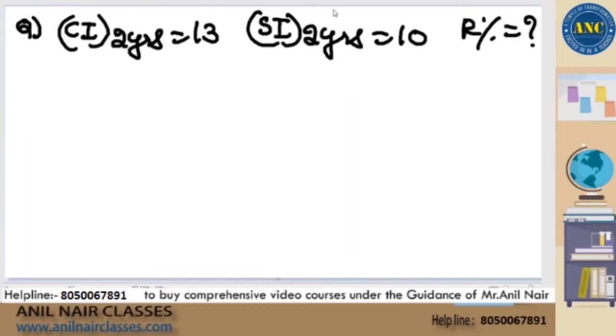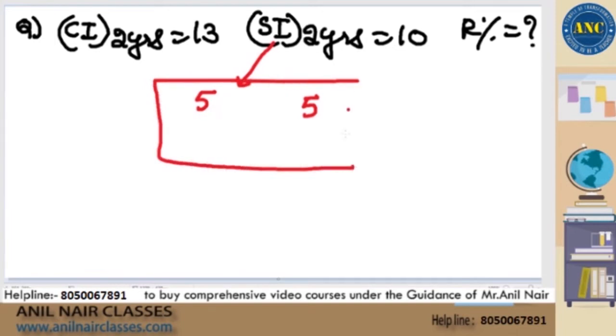One more question for all the students who did not understand this concept. SI for 2 years is 10. In SI, the rate of interest is the same every year. First year 5, second year 5. This is SI for 2 years. CI for 2 years needs something else as well. The total is 13, and 5 plus 5 is 10.